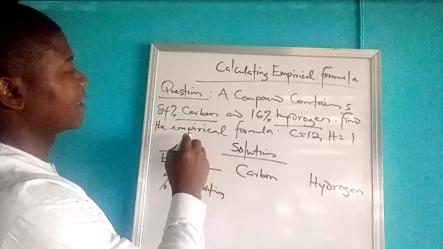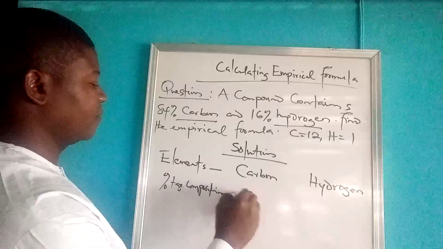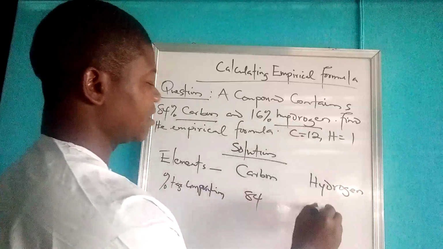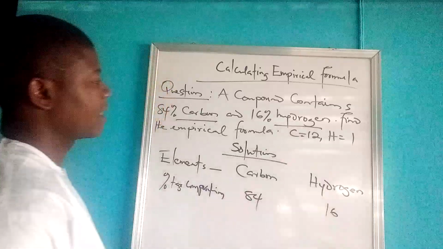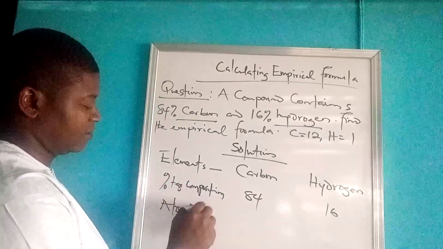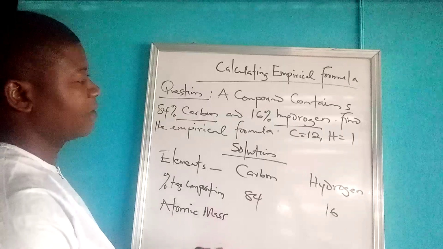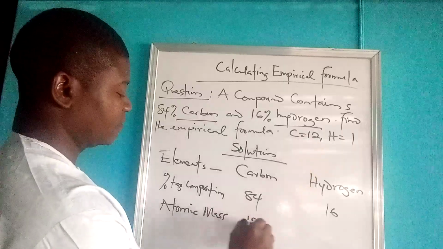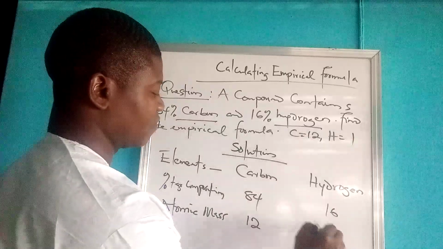Carbon is having 84% and hydrogen is having 16%. Now, their atomic mass. Carbon has atomic mass of 12, hydrogen has atomic mass of 1.